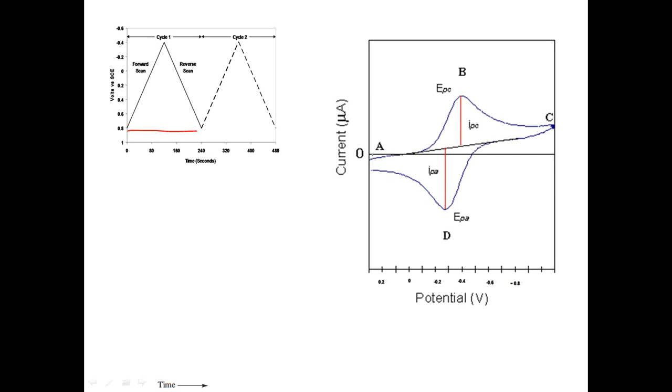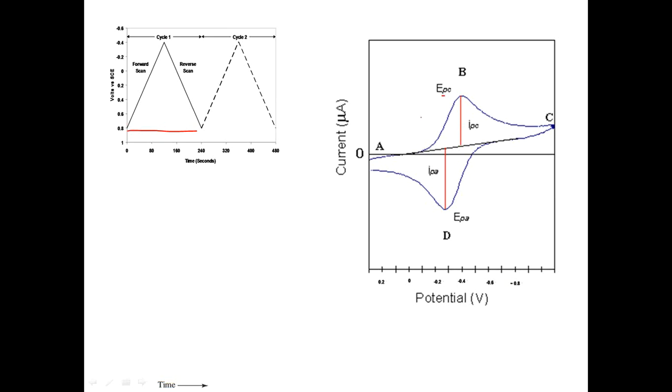At A, initially some water or oxygen is undergoing reduction. Then, near the E half region, the electroactive species undergoes reduction, which gives the cathodic current, IPC, and the cathodic peak potential. This is the cathodic current because the reduction reaction is occurring at the cathode and current is generated there.